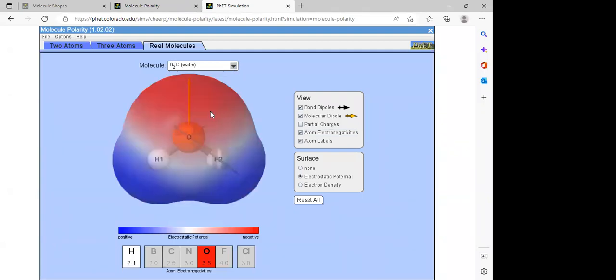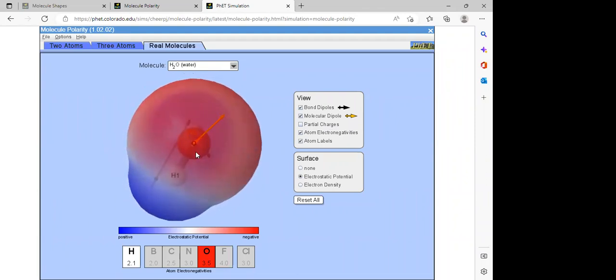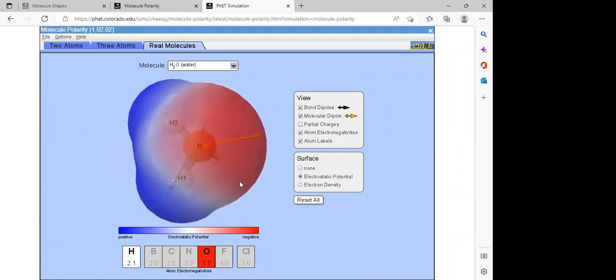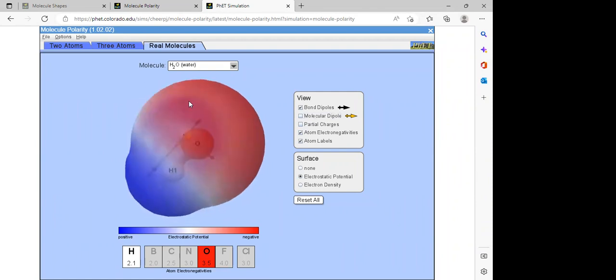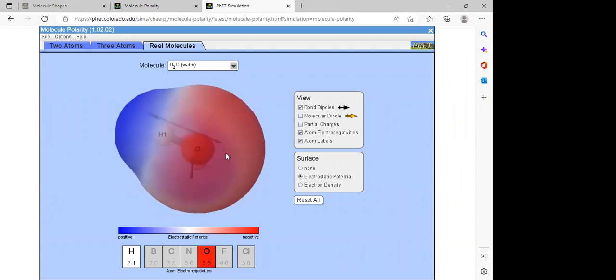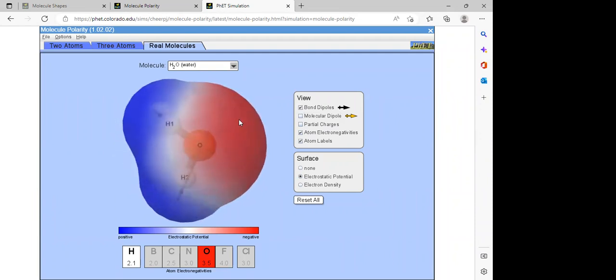If I go to water, this thing is polar for sure. Look at all this negative here. Are there bond dipoles? Yes. Which ones win in the tug of war for these shared electrons in the bond? Oxygen. Oxygen's pulling this hydrogen's electron away from it towards itself and pulling this one. You get all this negative charge up here. This has two non-bonding domains, correct? This thing is really, really polar.